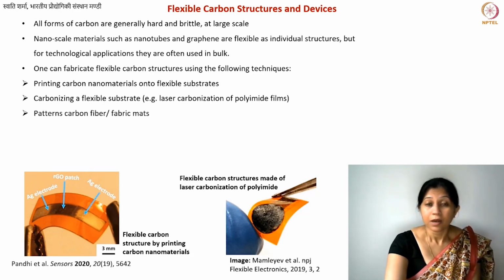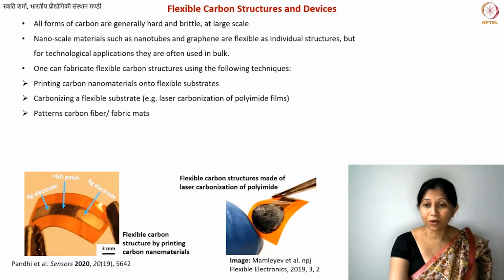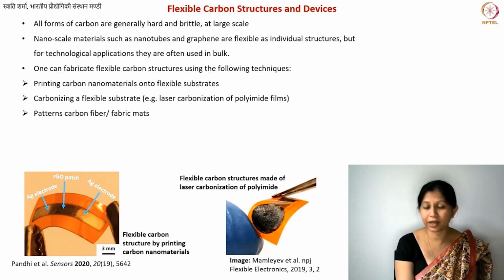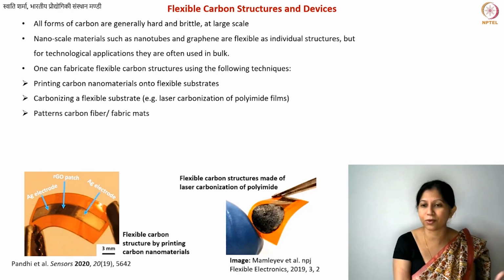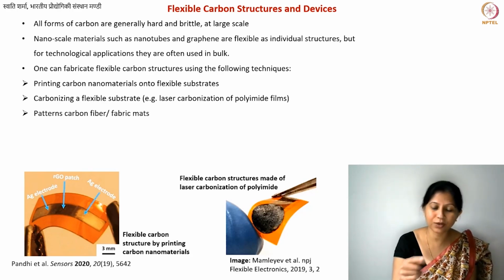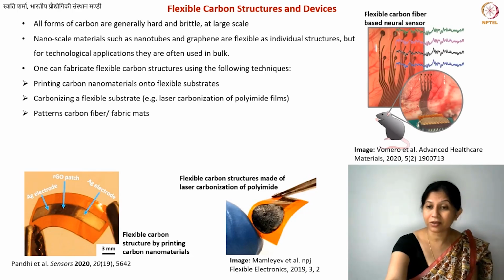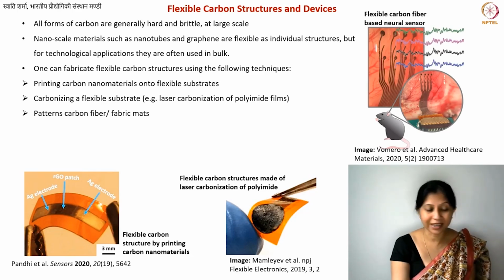What else? You can make carbon fiber mats from electrospinning and also from melt spinning. So with carbon fiber mats, carbon fabric, what you can do is pattern it. Now, patterning it at micro nano scale is not easy. It can get very complex.